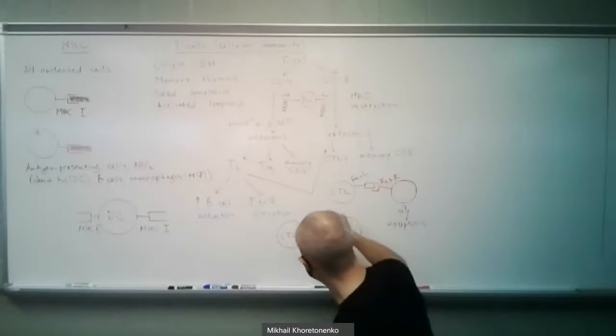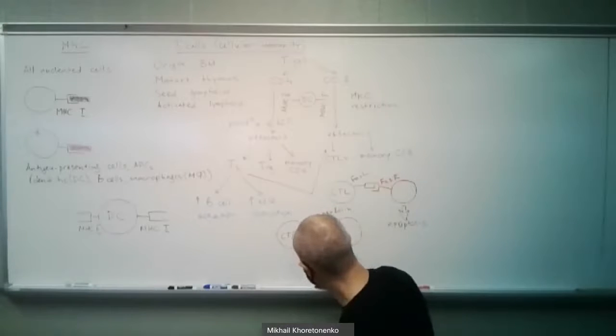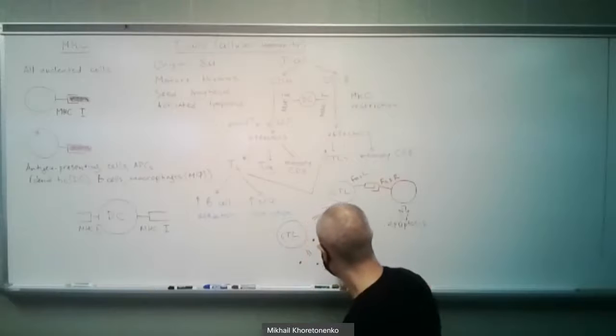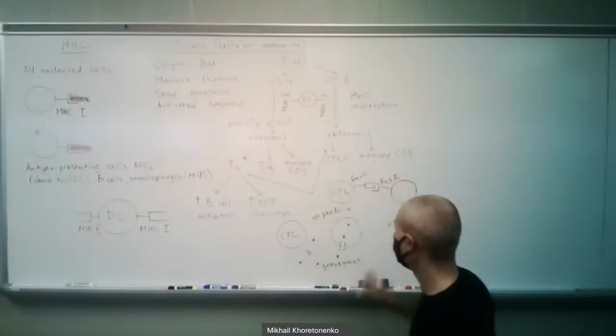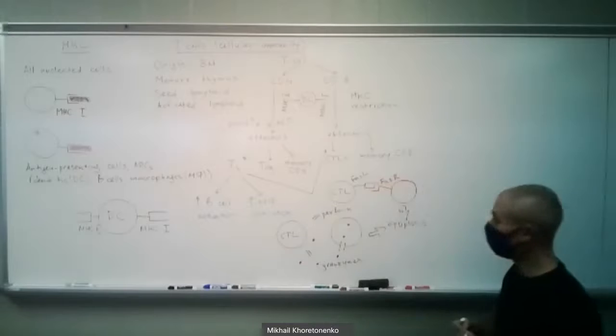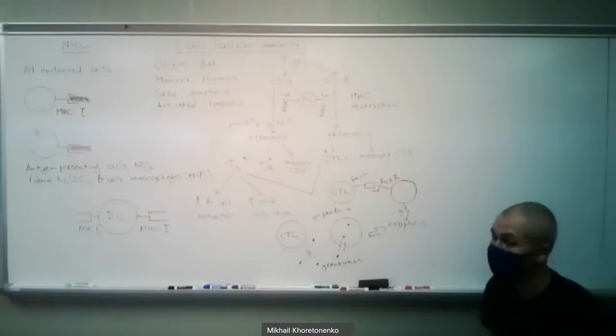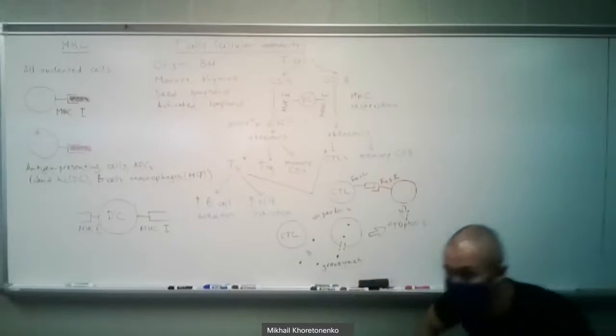Then another set of proteins, so that's perforin, another set of proteins called granzymes, they get through this pore into the infected cell, and what's going to happen? We'll get into apoptosis. Okay, we're good? That makes sense.